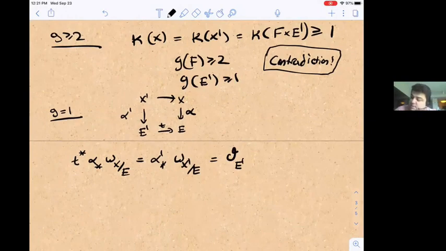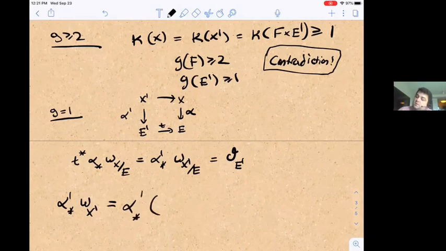Yeah, so now we want to find some sections of the canonical on X prime. So if we look at alpha prime lower star of the full canonical on X prime, not just the relative, then this is the pullback of the canonical of E prime, tensor this relative.